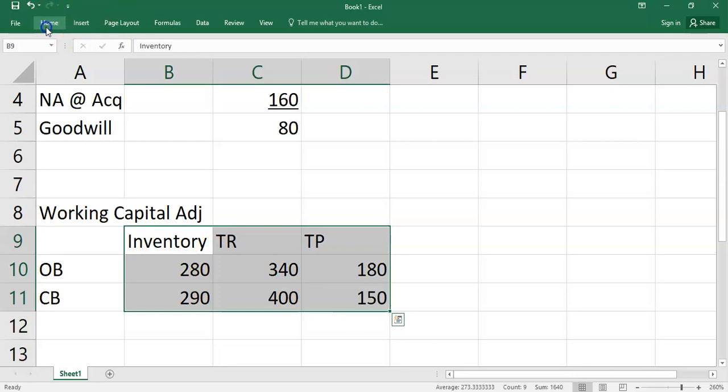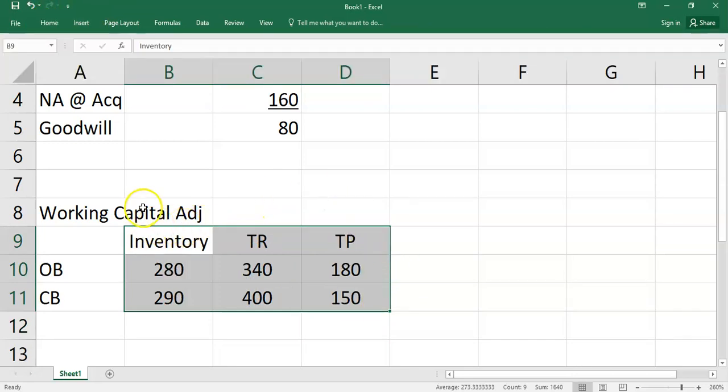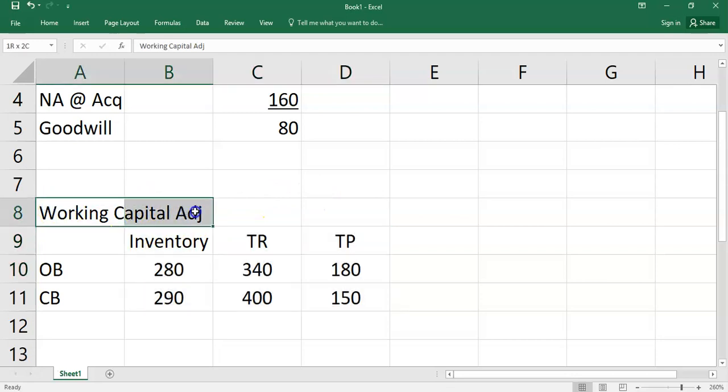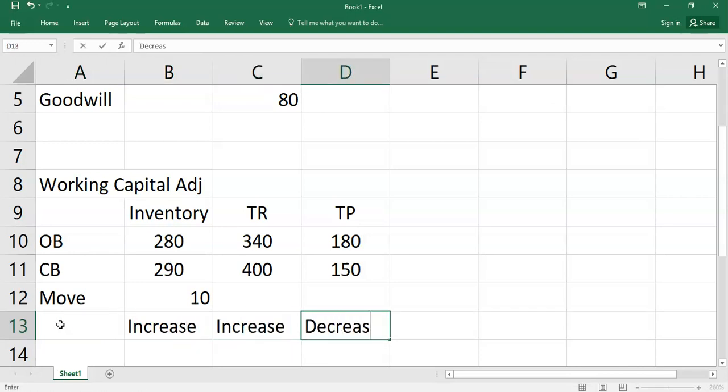Now, again, if you've gone through question 1 and 2 and you've revised your basic IAS 7, we know movements in working capital impact cash flow. So when we're doing our indirect method, we need to know the movement. So the movement here is a 10 increase, an increase here of 60, and a decrease here of 30.